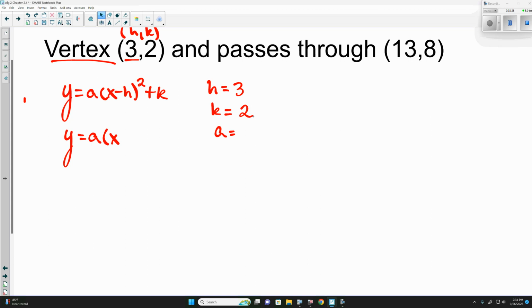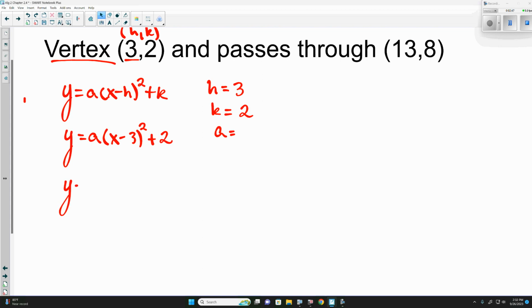It goes from the vertex, h comma k, 3 comma 2. We'll get to the other point here in a minute. So I plugged in h and k. So the only thing we're missing is the value of a.